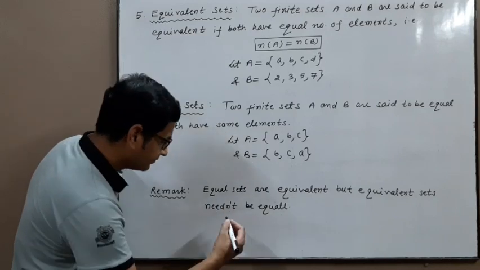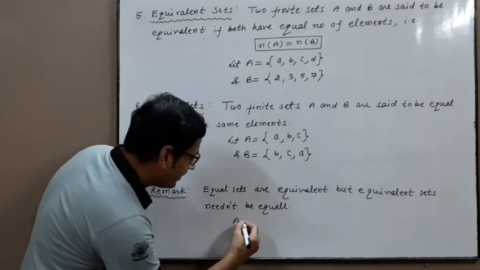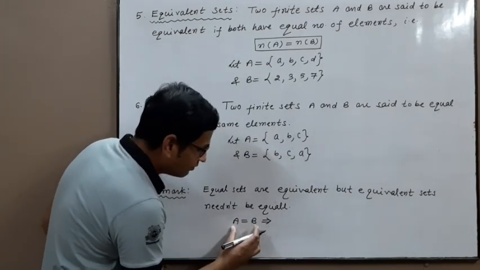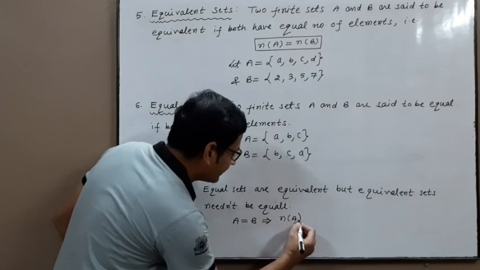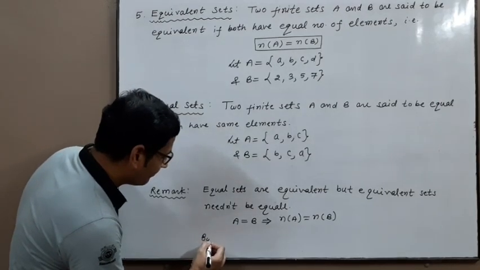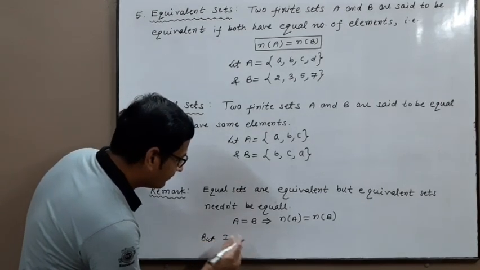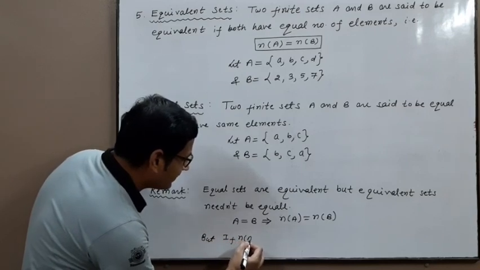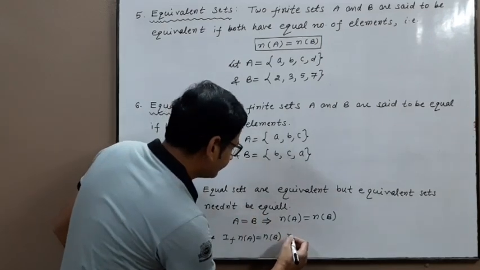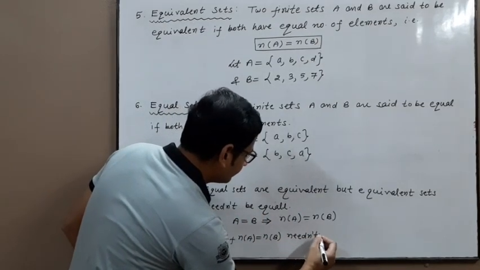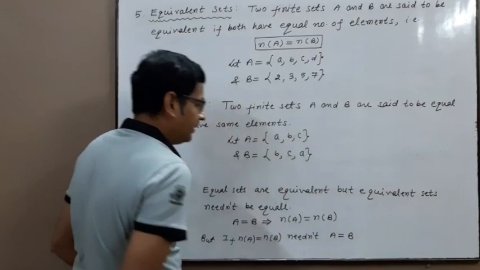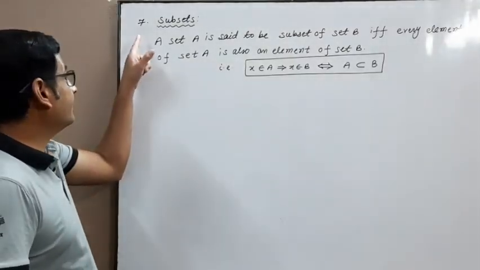For example, A is equal to B implies if two sets are equal, then we can write number of elements in A equal to number of elements in B. But if number of elements in set A equal to number of elements in set B, then we can't write A equal to B.